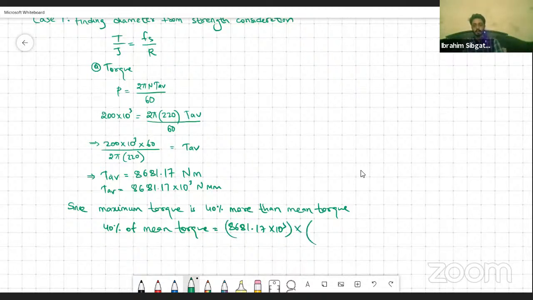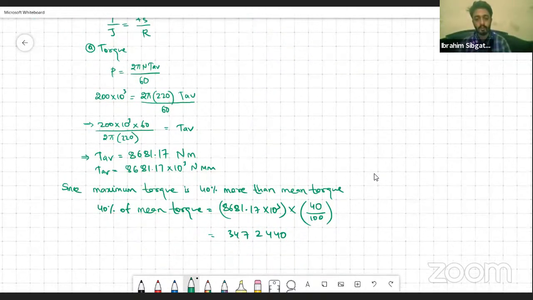So the easy way to find out percentage is 40 by 100. So I am getting the answer as 3472440. This is the 40% of mean torque.